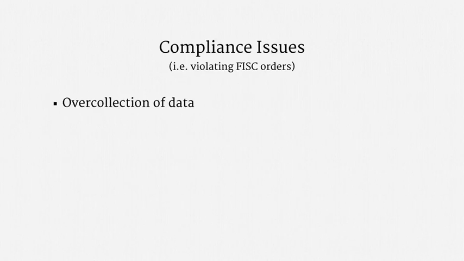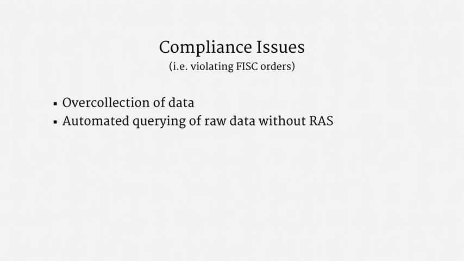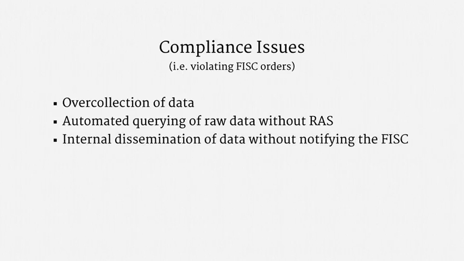Another compliance issue involved the process of querying raw email metadata. Remember how that required reasonable, articulable suspicion? Well, the agency had been making automated queries of the raw data without RAS. Yet another issue was internal dissemination of email metadata without explaining to the FISC how that would happen.